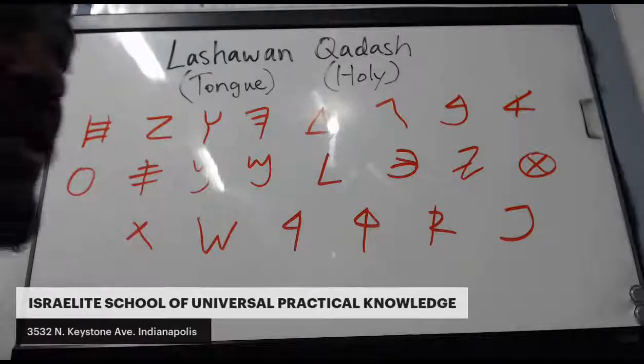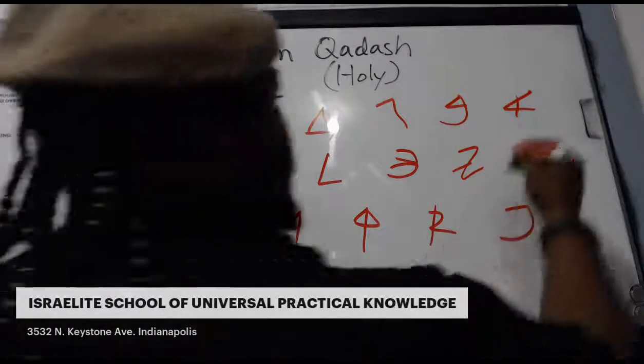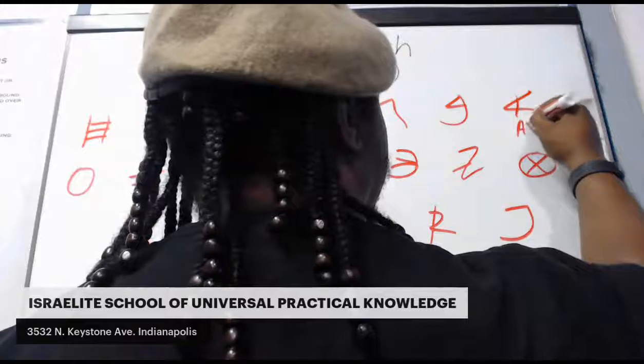This is the Lashwan Kodash. It starts from the right to the left.